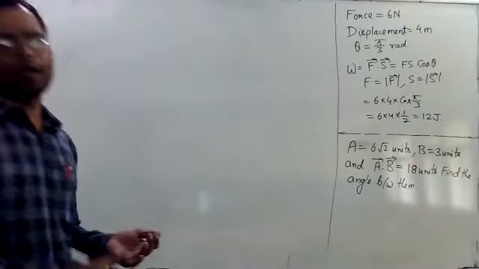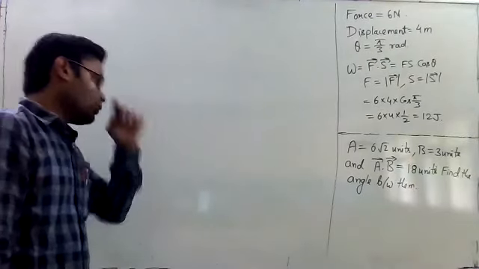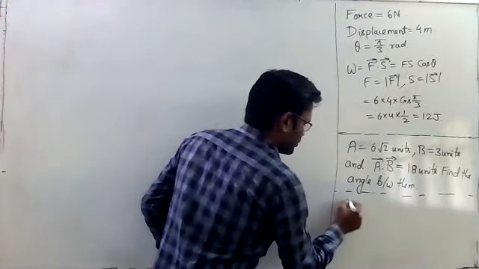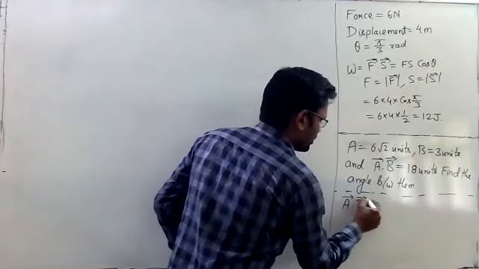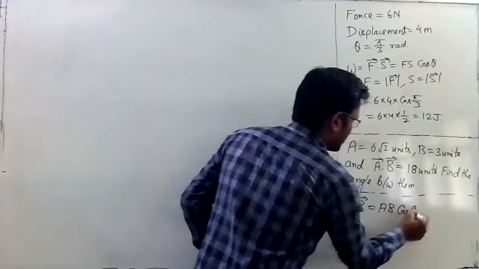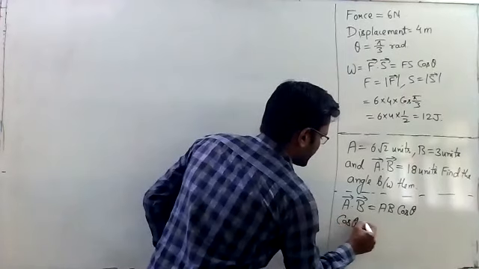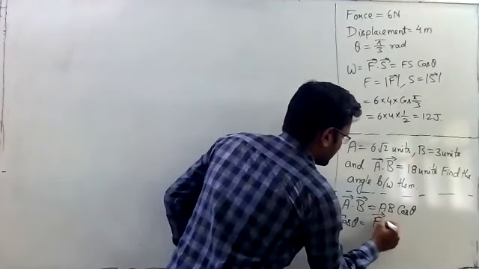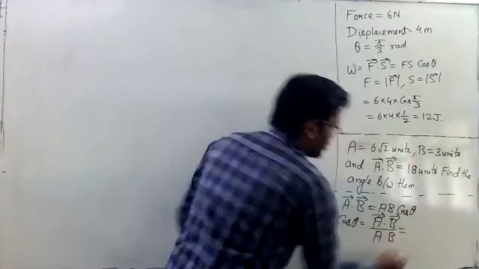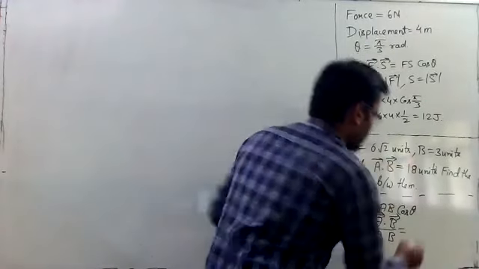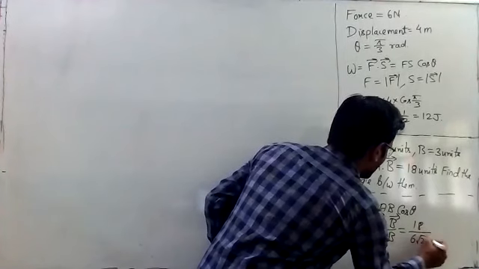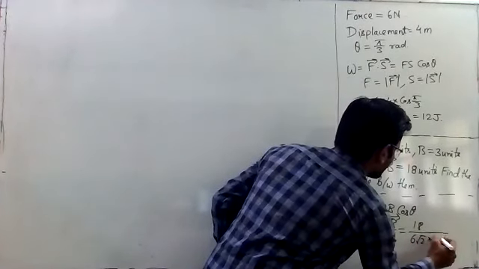So what is the angle we are getting between them? We all know, what is the meaning of A dot B? A dot B is equal to AB cos theta, and cos theta is equal to A dot B by magnitude of A into magnitude of B. So A dot B is equal to 18 units, divided by magnitude of A, which is 6 root 2, multiplied by magnitude of B, which is 3.